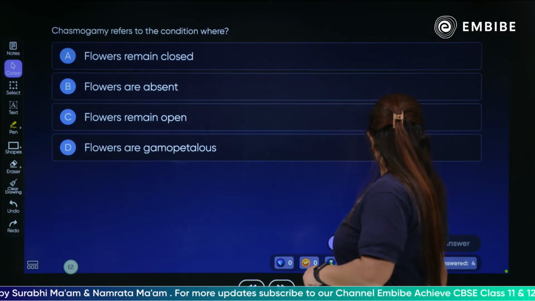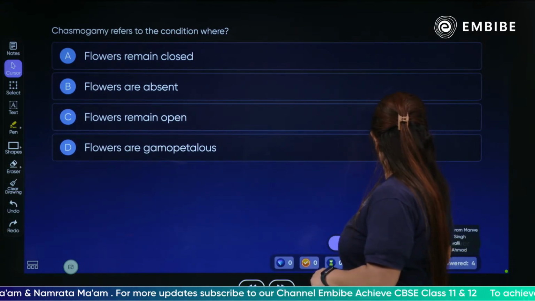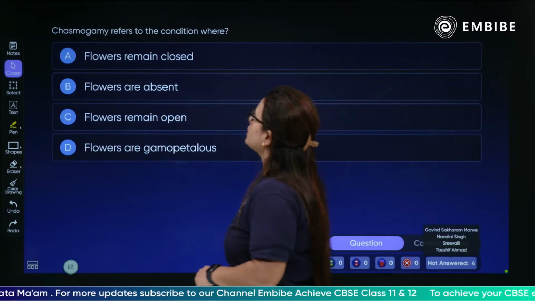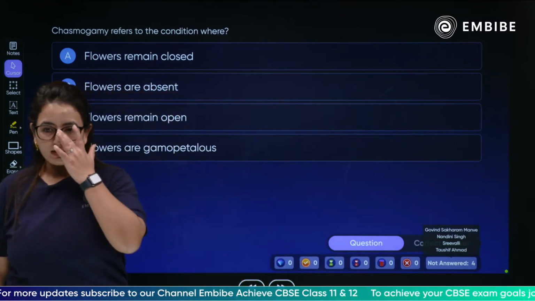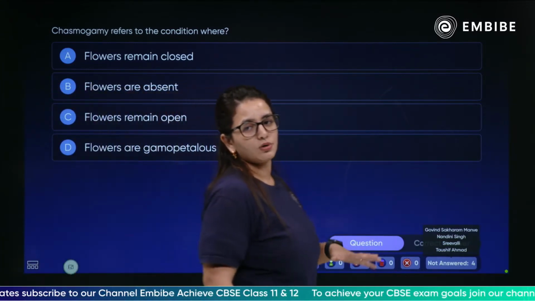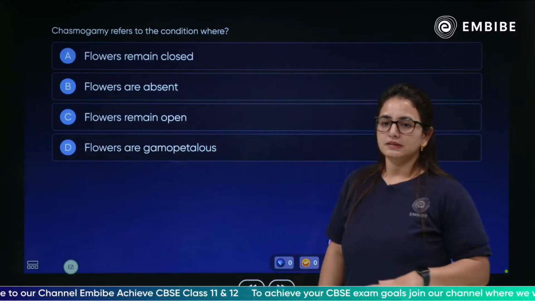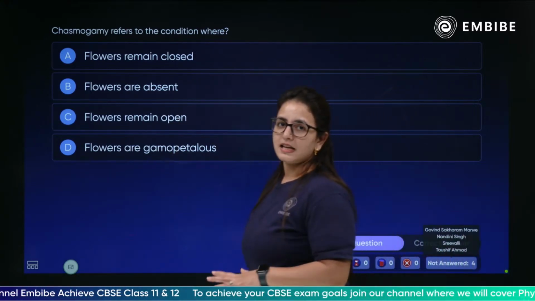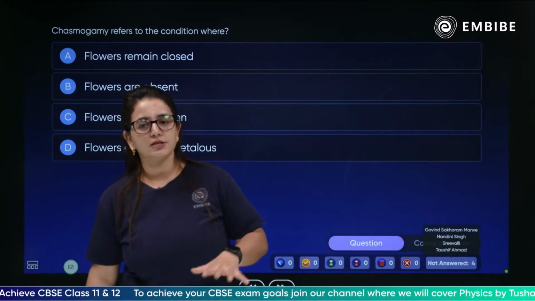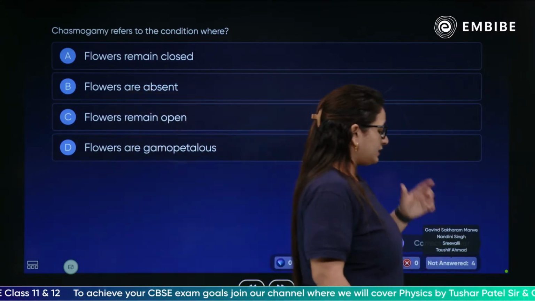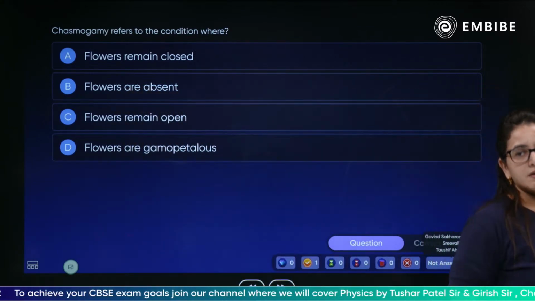Before we go into geitonogamy in detail, we have a question for you. Chasmogamy refers to the condition in which what? What kind of condition is present in chasmogamy? The flowers remain closed, or the flowers are absent? Quickly answer, it has to be very simple.